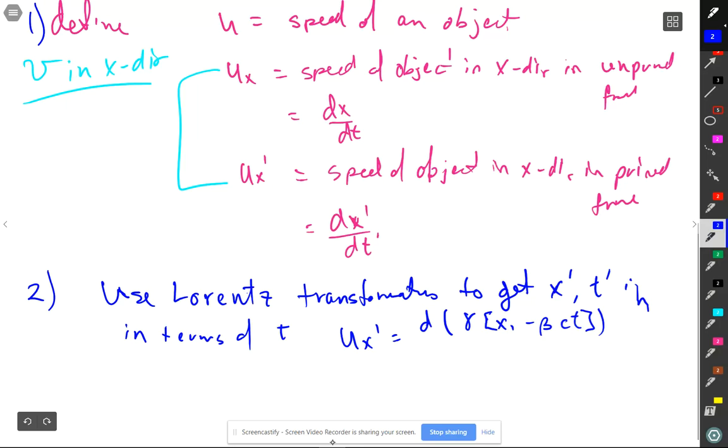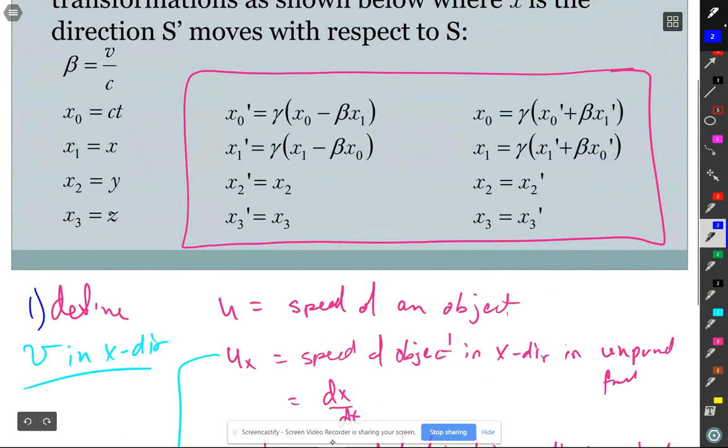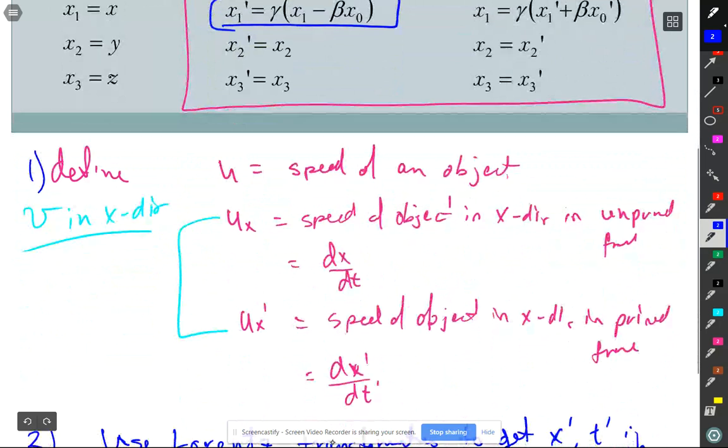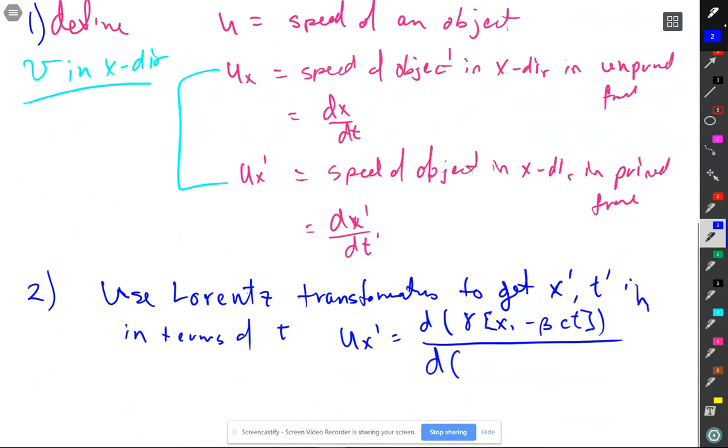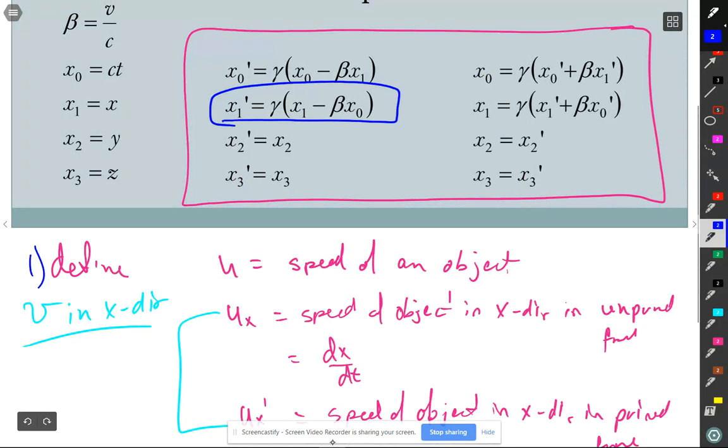And it's going to be over d, and then for t prime, I'll take this equation, and remembering that x0 is... okay, I did this backward. This here should have been the thing on bottom. I took the equation for x0.